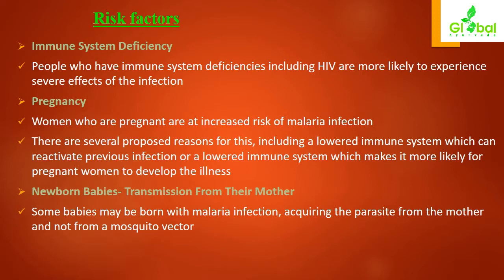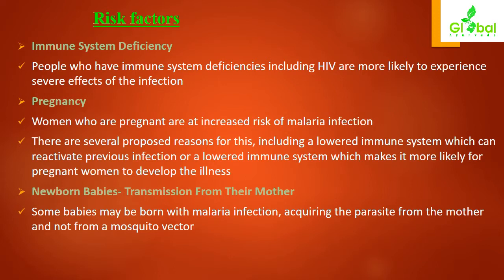Next point, pregnancy. Women who are pregnant are at increased risk of malaria infection. There are several proposed reasons for this, including a lowered immune system which can reactivate a previous infection, or a lowered immune system which makes it more likely for pregnant women to develop the illness. So two reasons are explained for infection in pregnancy.